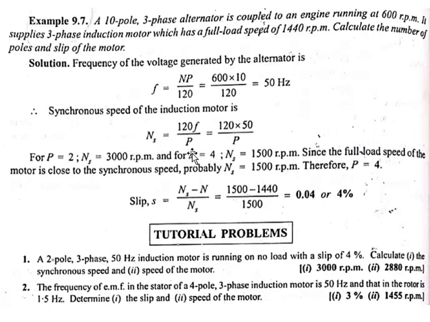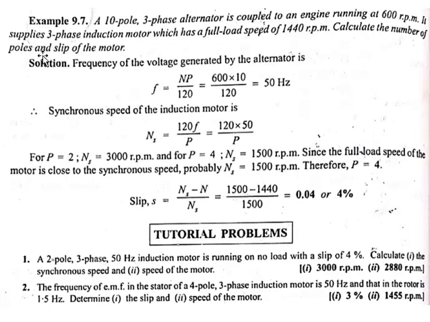Always P is in terms of a pair of poles, 2, 4, and so on. Ns is equal to 1500 rpm we get. So this 1500 is very close to the motor speed. Since the full load speed of the motor is close to synchronous speed, probably ns is equal to 1500. Therefore P is equal to 4.